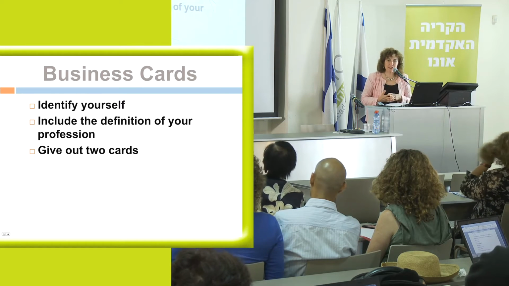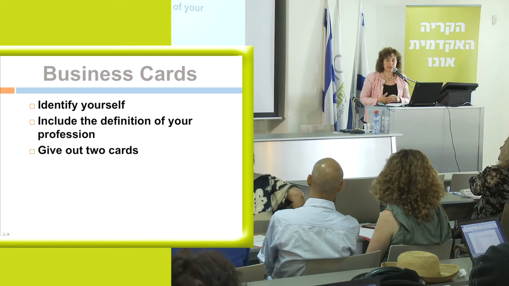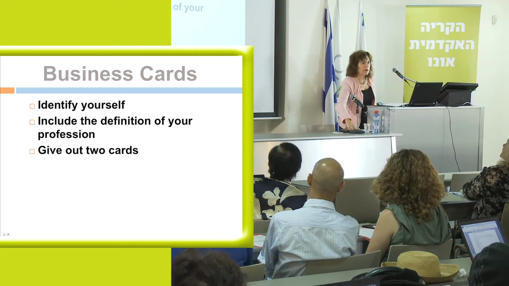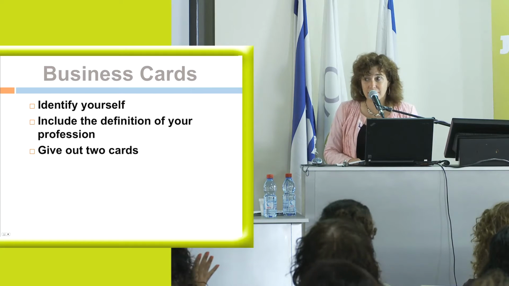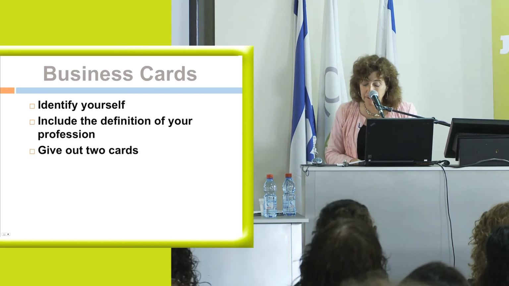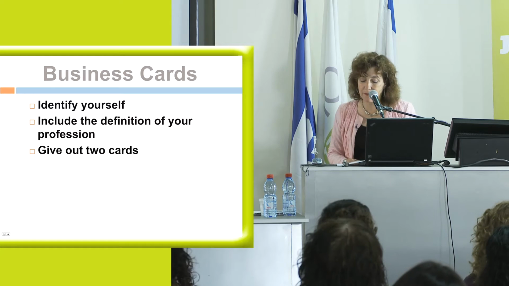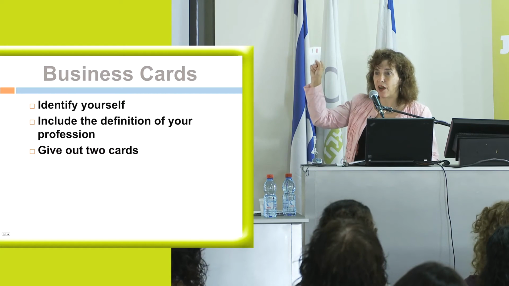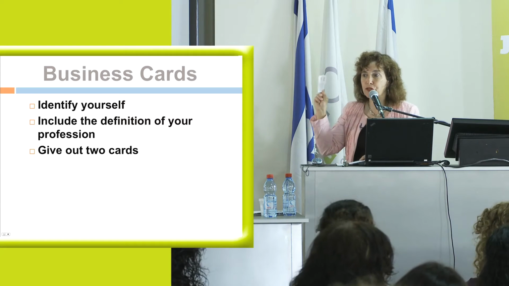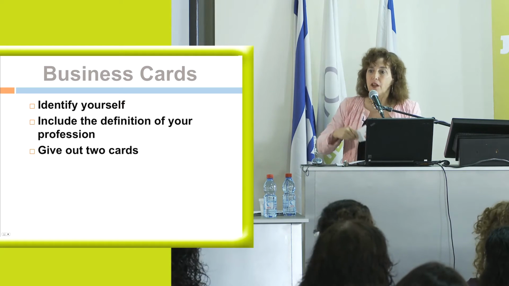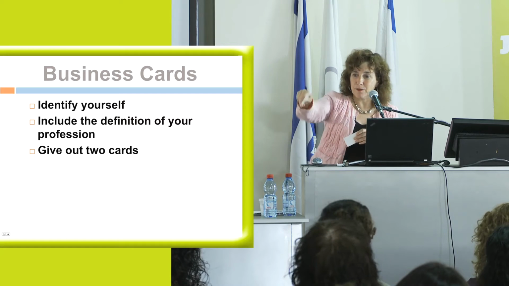So I want to give you an example of outbound marketing that every single one of you can do. How many of you have business cards? Raise your hands. Excellent. Okay, so every time you have a business card, you should give 2 out. Why 2? You're right.